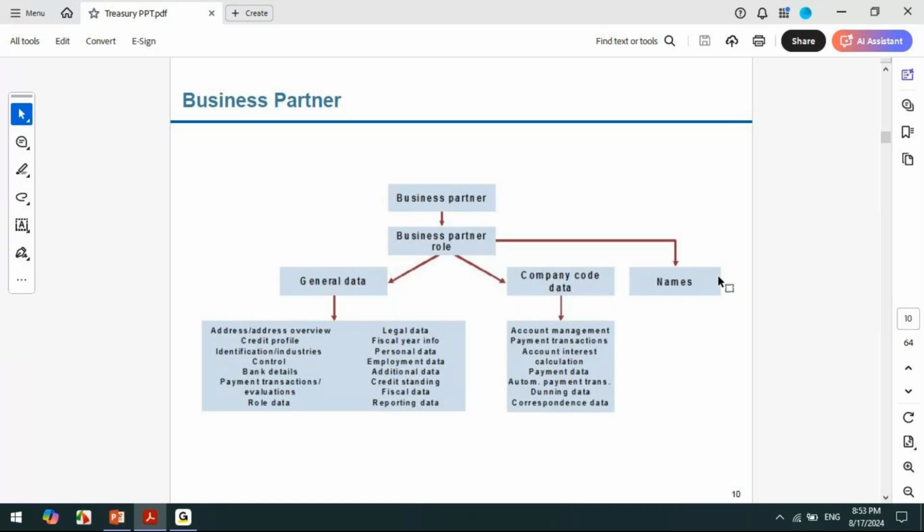But when it comes to treasury, we have different sorts of business partners with different roles. It's not called customer or supplier like that. A very common business partner we use in the treasury module is the counterparty BP.